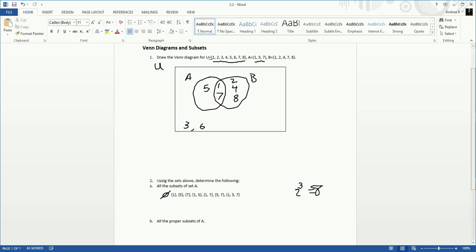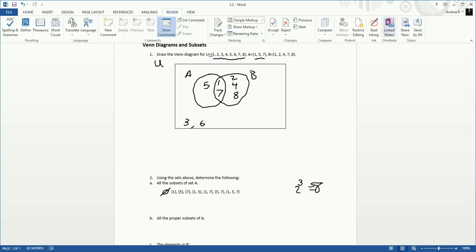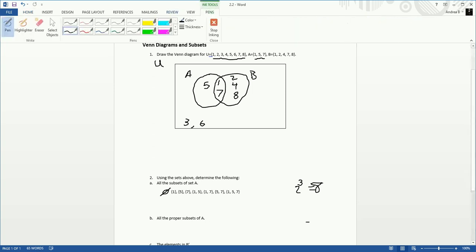And then for part B, we want all the proper subsets of A. So remember, the only difference between a proper subset and a subset is that it cannot include the set itself. So here in this case, we'd actually have 7 possibilities instead, because we can't include this set itself.